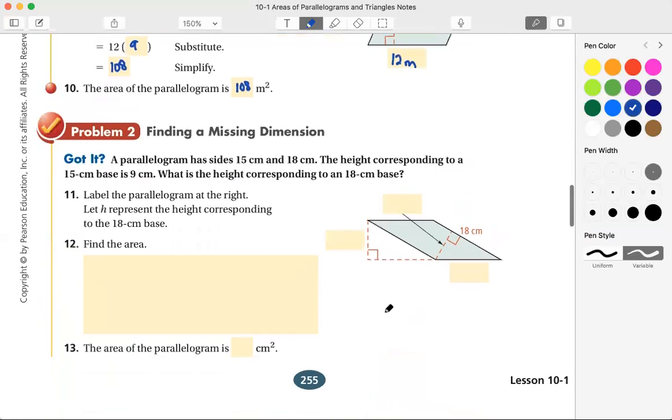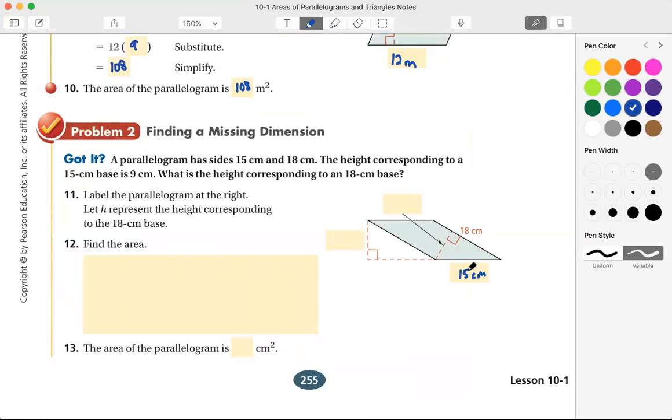All right. Now, what if I know a parallelogram has sides 15 and 18, and the height corresponding to the 15 centimeter base is 9 centimeters? What is the height corresponding to an 18 centimeter base? So number 11, let's label the following pieces of information. The base here is 15 centimeters.